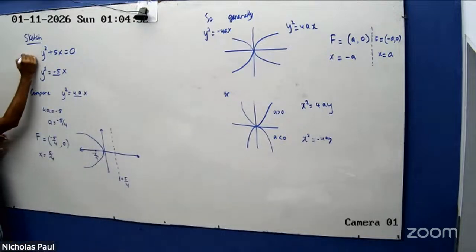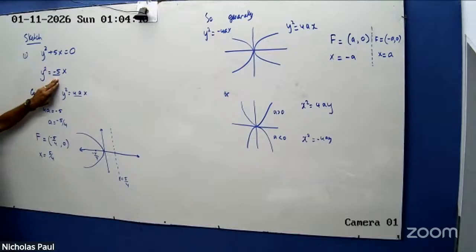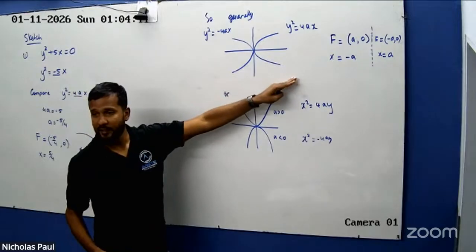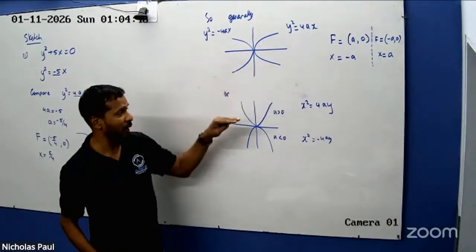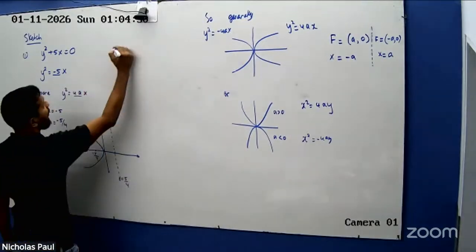All we're doing is we're just making a the subject. That's it. Find a and you know what to do after that. Just pay attention to the form. If it's y squared, we're going with one of these. If it's x squared, you're going with one of these. Copy it down and try this one.